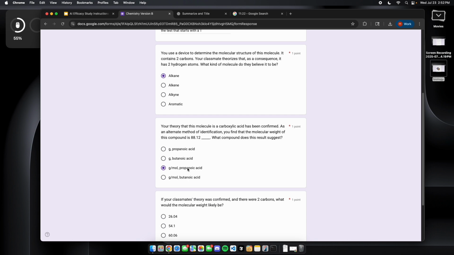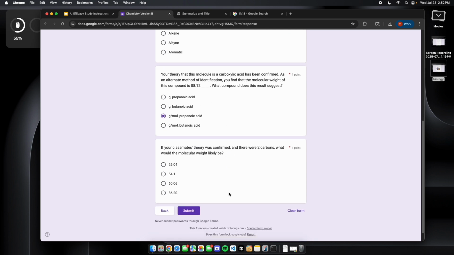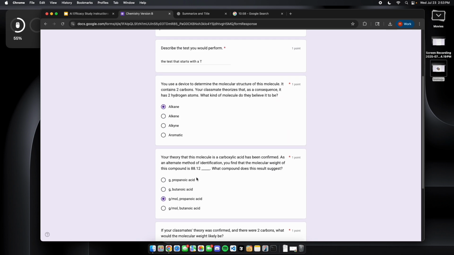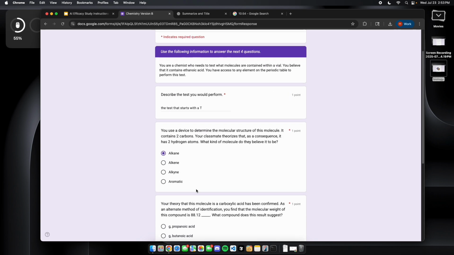No, this is 3 and then this is 4. Should be this one, the smaller one. If your classmate's theory was confirmed and there were 2 carbons, what would the molecular weight likely be? Not exactly sure how to calculate weight. Go with 86.